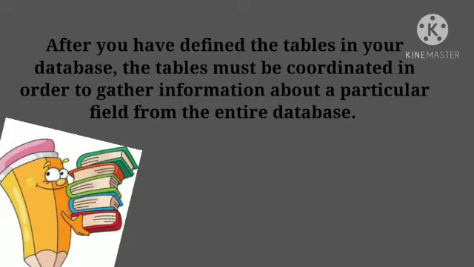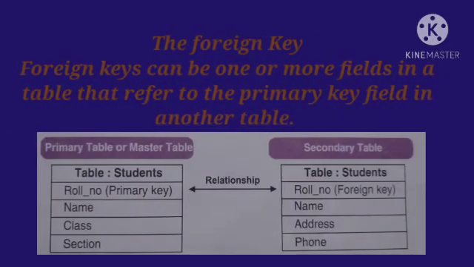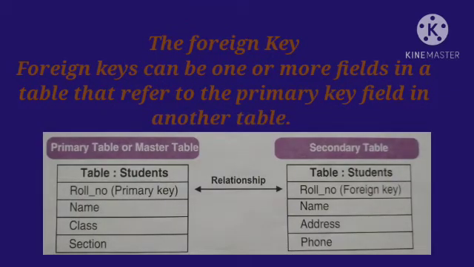For example, employees can be associated with orders for which they are responsible by creating a table relationship between the employee ID fields in the Employees and the Orders tables. Foreign key. A foreign key is a field in a table that is the primary key in another table.